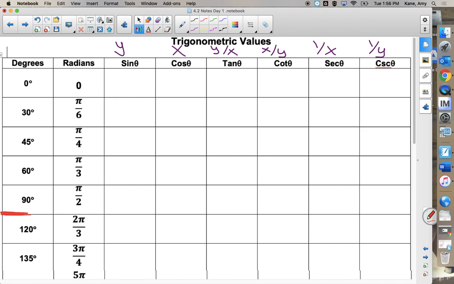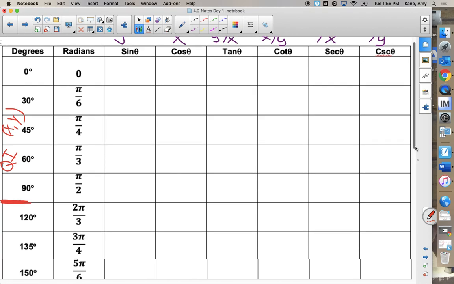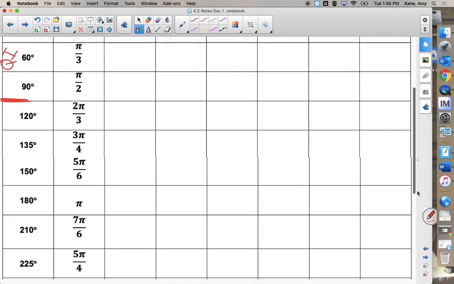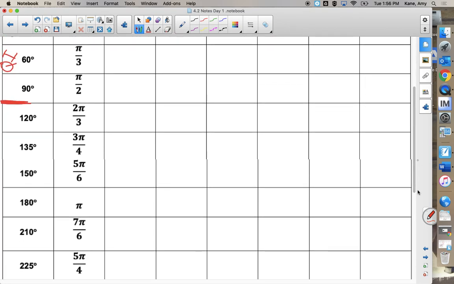All right, the next thing I'm going to do is put a little line at 90 degrees because 90 degrees ends quadrant 1. I'm just going to remind myself, and you have extra space. This is quadrant 1. I have a positive x and a positive y. So every answer should be positive in that first quadrant, anything that has an x and a y. And then when I get to 180, I'm going to put another little line because this is quadrant 2.